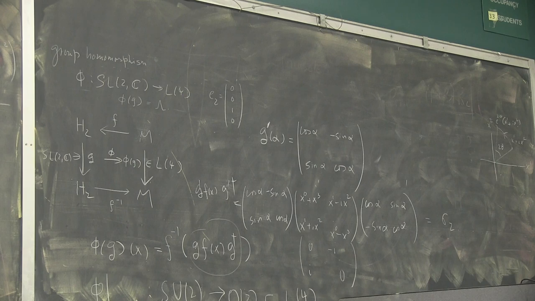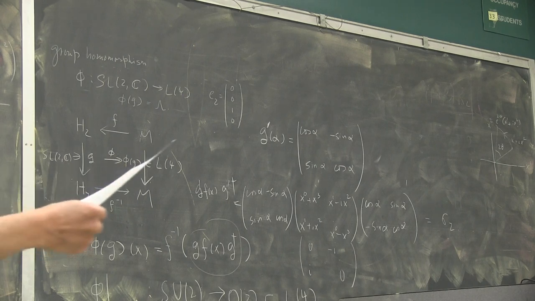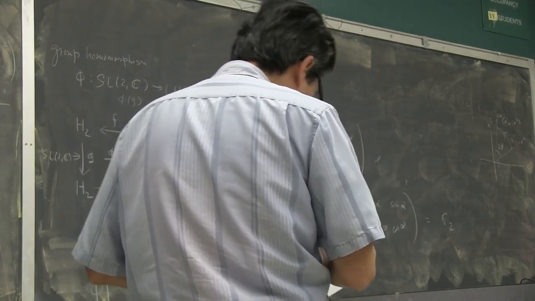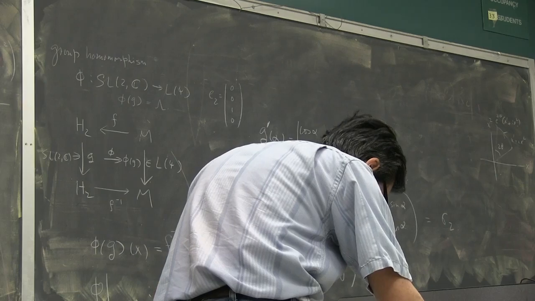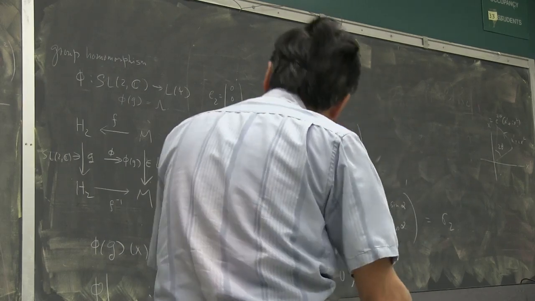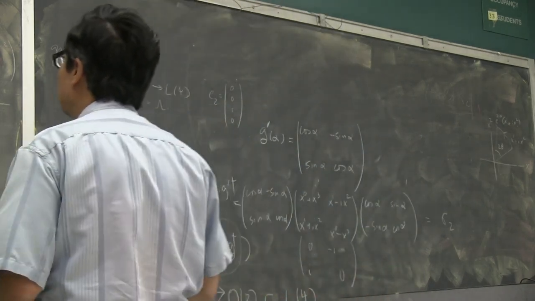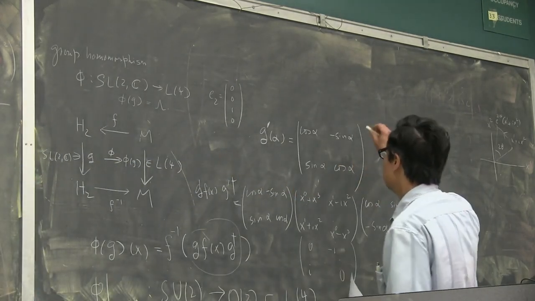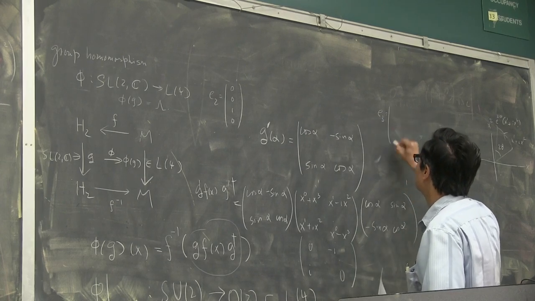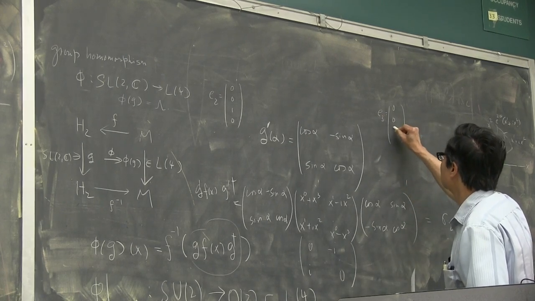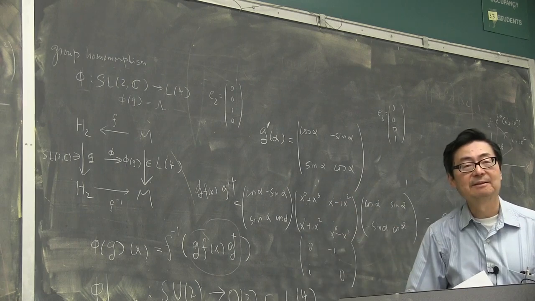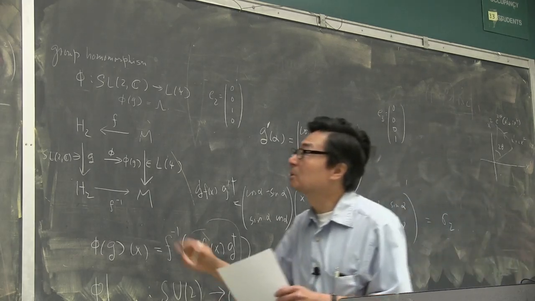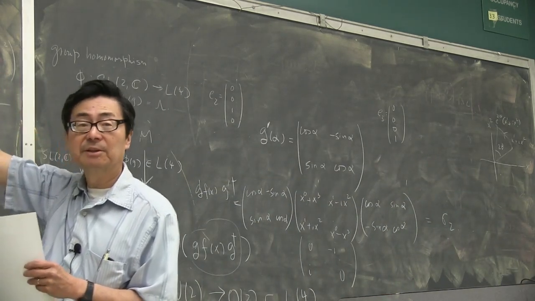Now, to find out how much the rotation angle is, you apply it to E3. So what is E3? E3 is 0, 0, 0, 1. That's E3. So you apply it to this unit vector in here.